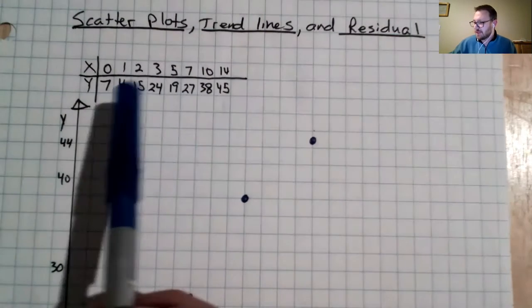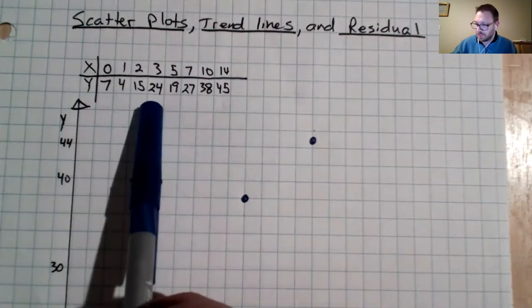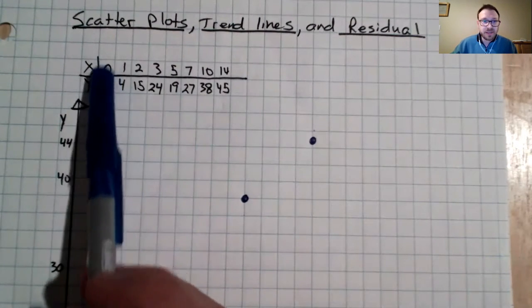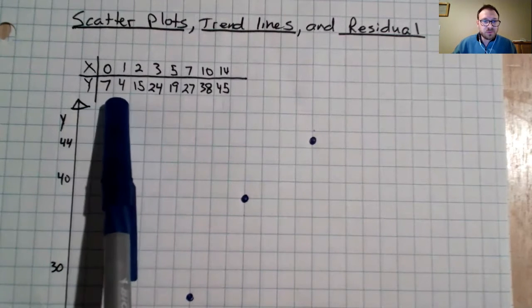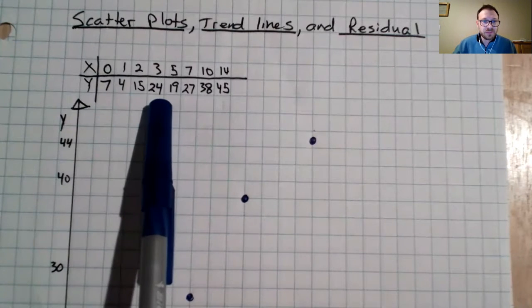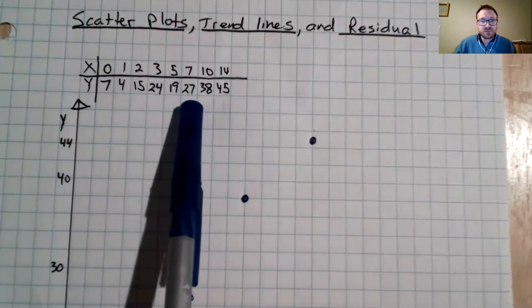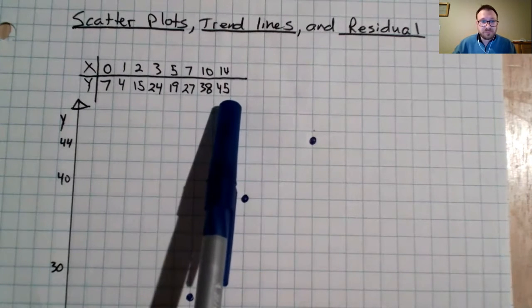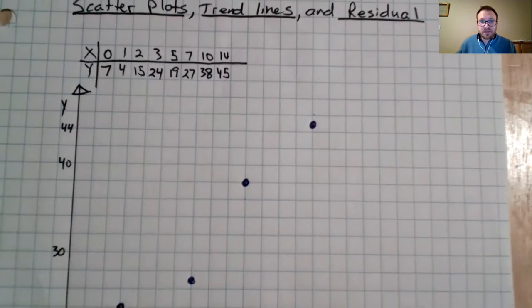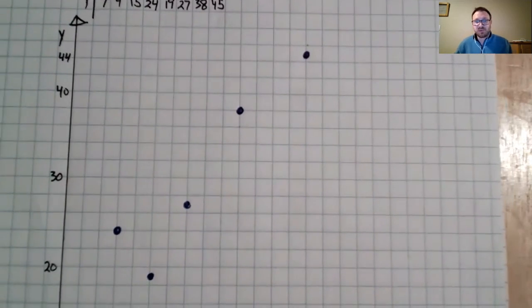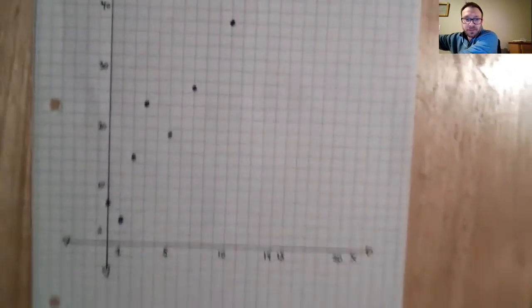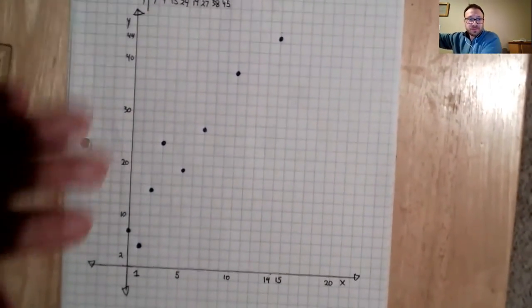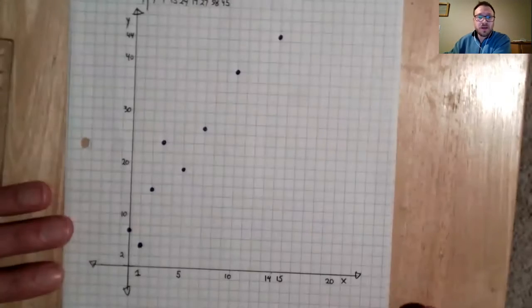Okay. So these are the coordinates that I'd given you. The relationship was, X is 0, Y is 7; X is 1, Y is 4; 2, 15; 3, 24; 5, 19; 7, 27; 10, 38; and 14, 45. So I went and created my scatter plot, and I'm going to go ahead and zoom out a little bit so you can get a better picture here.